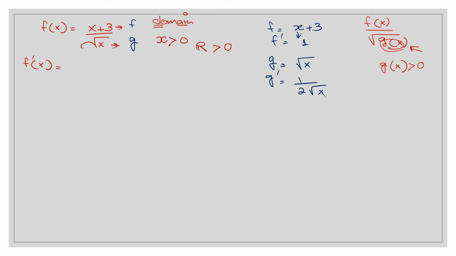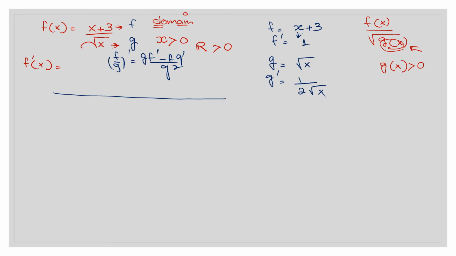Now for the quotient rule, we know that f over g whole prime equals g f prime minus f g prime over g square. Now write the data from the left to the function.